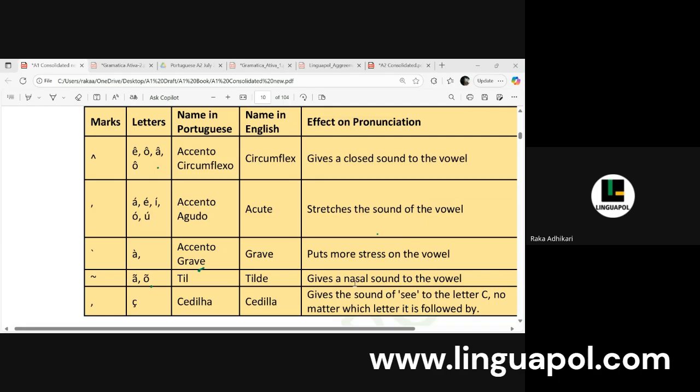Now, this accent comes with all the vowels. Please ignore what is there in the book. We only have E, A, O in the book, but it comes with all the vowels. That is A, E, I, O, U. So this accent can come with all the five vowels. Portuguese name is acento circunflexo and English name is circumflex accent.